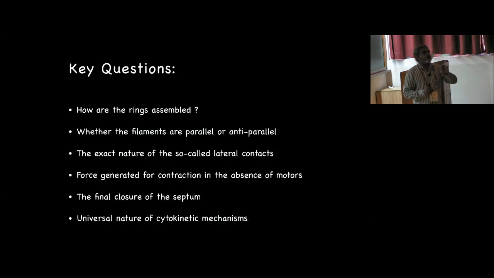But after that, how do you close the septum? There is evidence that when FtsZ has completely left the ring and you can no longer see FtsZ at the middle, the cytoplasm is still diffusive. So you can bleach GFP on one side and get recovery on the other side of the daughter cell. So there is probably a hole which is closed a little more slowly.